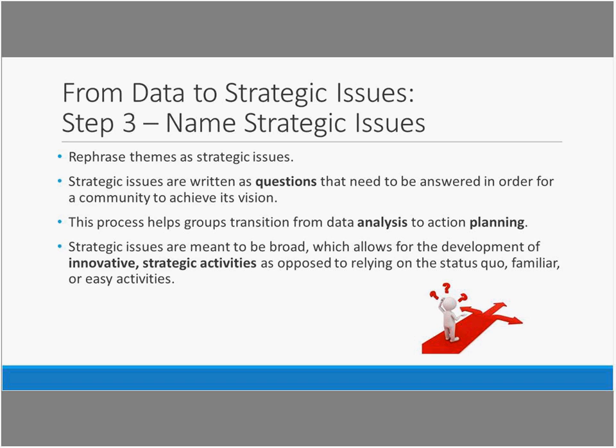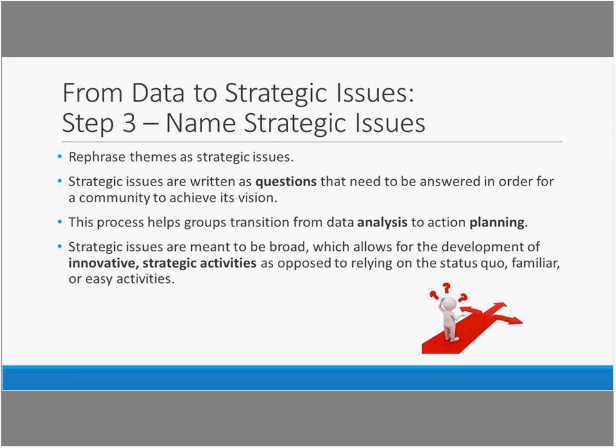The thing that I like about this concept of a strategic issue and rephrasing that theme as a question is that I think it really is helpful for a group in making that step from data analysis to action planning, which is where we're at in this process right now. You've collected a lot of data, you've learned a lot about your community. In this step, you're saying, what does that mean? And then turning into, so what do we do? What can we do, should we do to get through this challenge we're seeing toward our vision for health in our community?